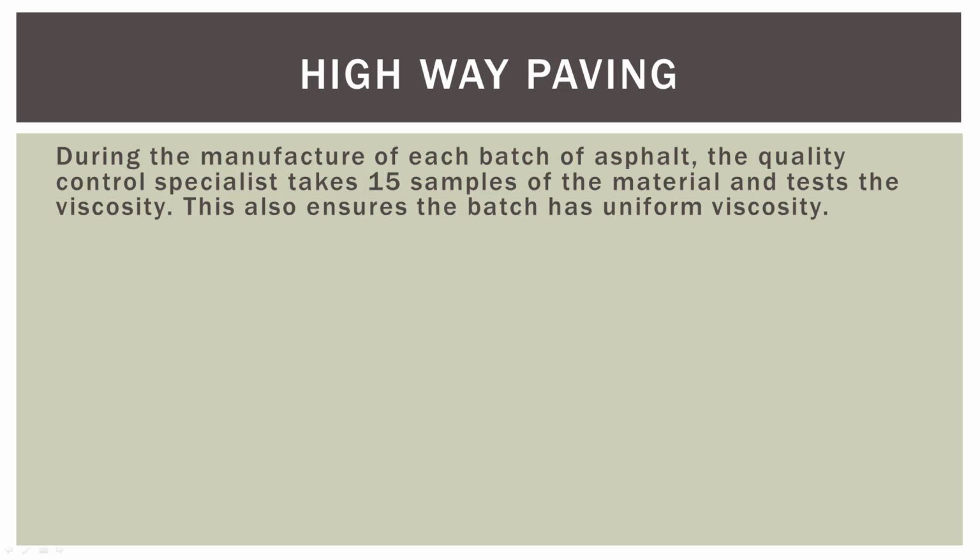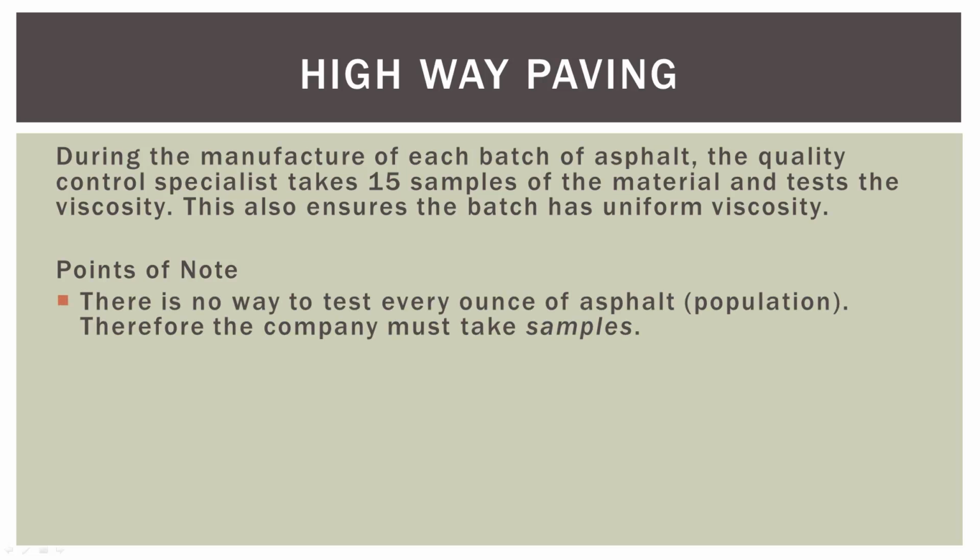So we want to make sure that the viscosity meets our target, and in this larger batch, that the viscosity is uniform. There are no clumps in one area that are thicker, and there are no spots in the batch that are more watery or thinner than the rest.